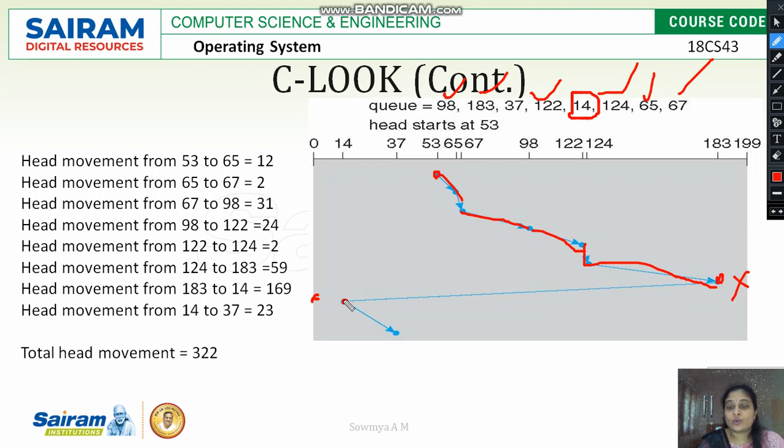There is no extra movement from 199 to 0 and 0 to 14 again. The disk is scheduled from the high end value in the queue to the low end value in the queue, instead of the high end and low end value of the disk. And then from 14 the disk is scheduled towards 37. So this is about the C-look method of disk scheduling.